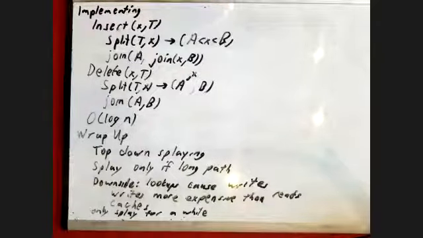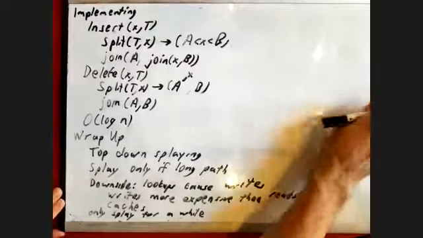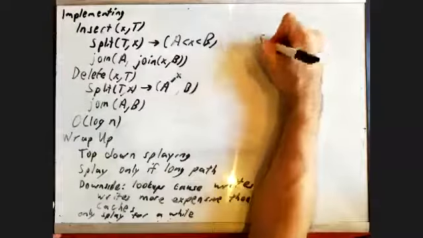I wanted to mention one other thing that I forgot to mention last time, which is pretty interesting, and it bears on the question somebody asked about entropy in data structures and using information. Another surprising use for splay trees is as a compression algorithm.